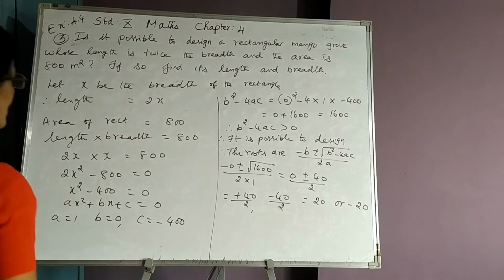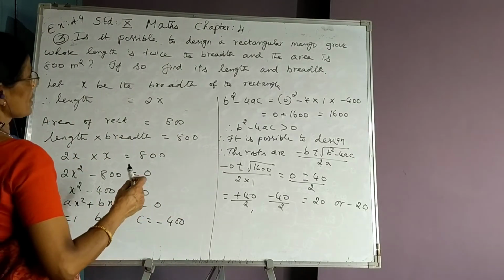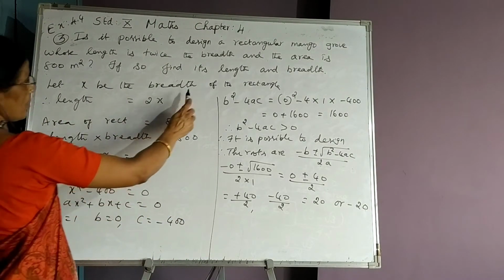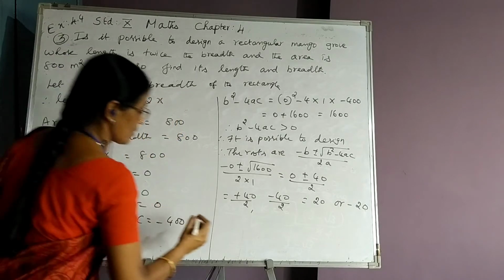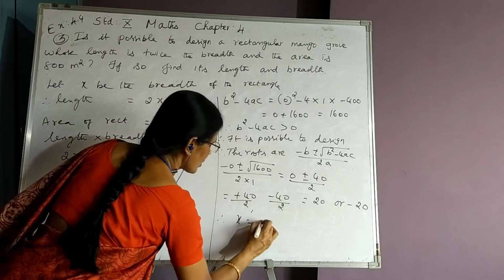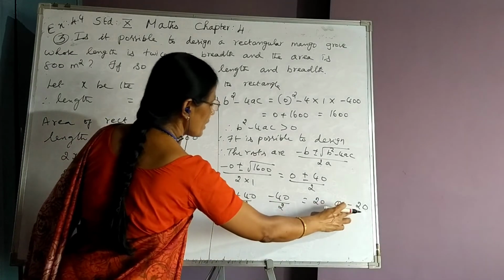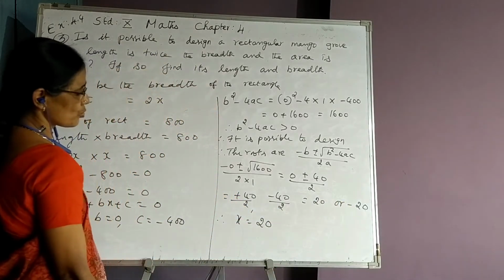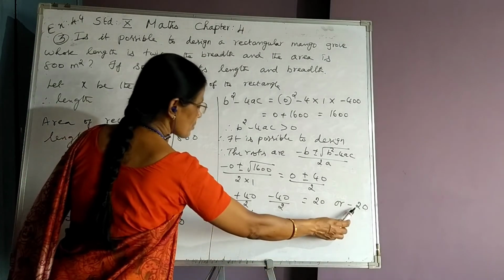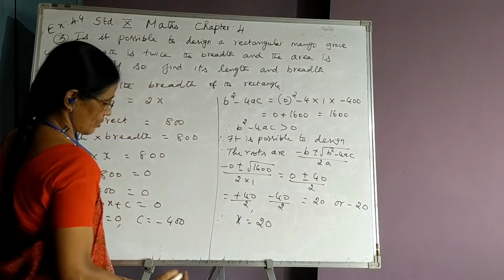Minus 20 is not possible because the breadth we have taken as x. Therefore, x is equal to plus 20. The breadth of the rectangle cannot be negative because it is a distance between 2 points. Therefore, dropping this negative number, we consider the positive number.